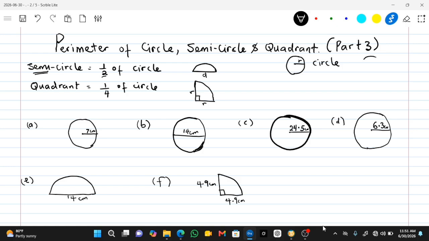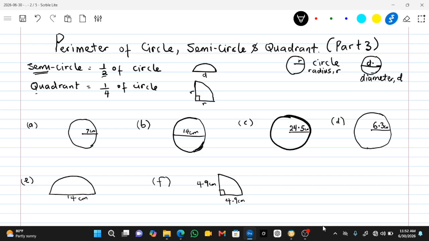But if you have a circle this way and it's drawn from here, this one is the diameter. So here is a radius R. This one is the diameter D. So that's about the circle.